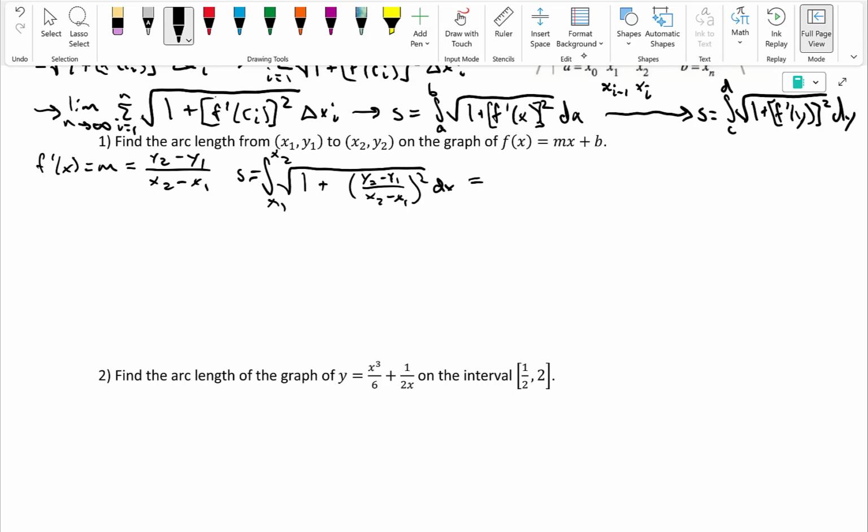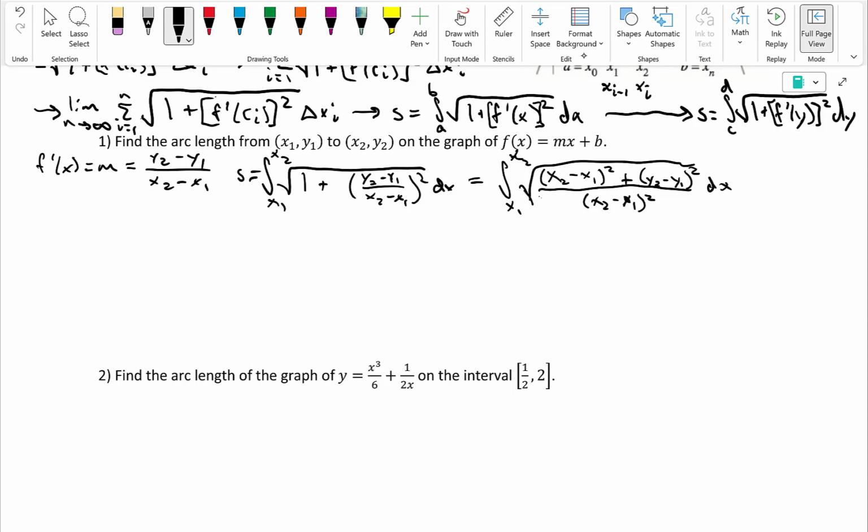And then we can go through and simplify and work things out. So our integral from x sub 1 to x sub 2, underneath there, if we get a common denominator, we'd have x sub 2 minus x sub 1 quantity squared plus y sub 2 minus y sub 1 quantity squared all over x sub 2 minus x sub 1 quantity squared dx.